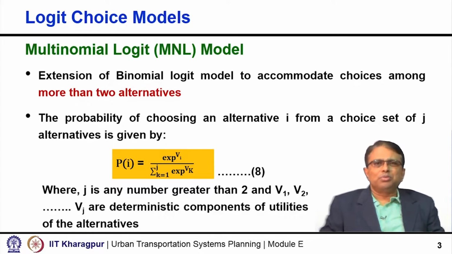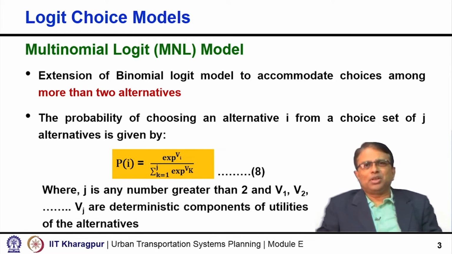Then the probability of choosing alternative I is equal to e to the power V I, the utility of alternative I, divided by the sum of e to the power V k, where k is equal to 1 to j, because we have j alternatives.